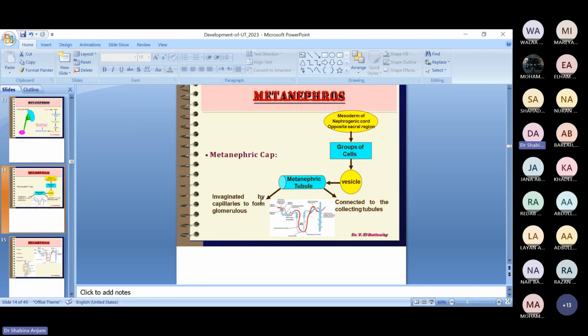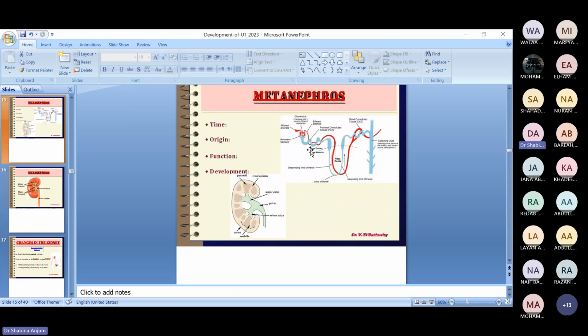This lateral end will be invaginated by the capillaries to form the glomerulus. Do you remember this structure, the glomerulus, which is invaginated by blood vessels? And this end is connected with each other to form the collecting tubules. Here you can see the glomerulus, invaginated by small capillaries.